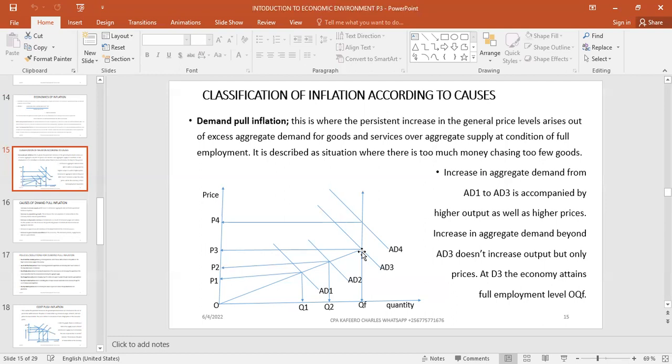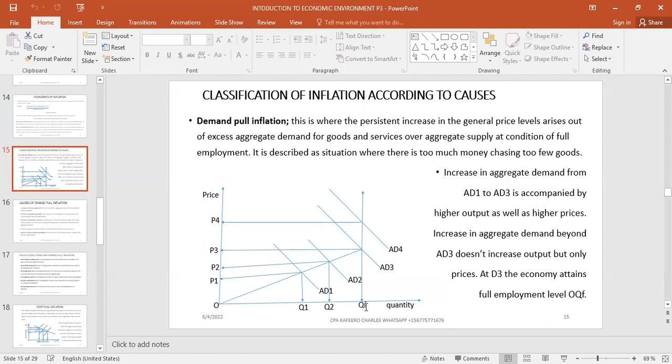When we reach that point, then even if we demand more, like from AD3 to AD4, the only impact will be that the prices are going to be increasing from P3 to P4, but we don't expect the quantity to increase anymore because we've attained full employment, and every resource or every factor of production is maximally utilized.